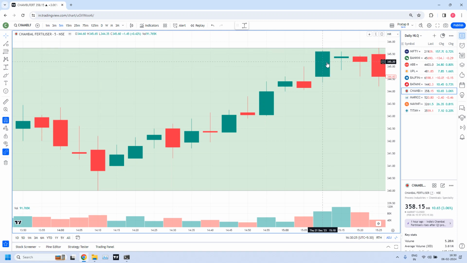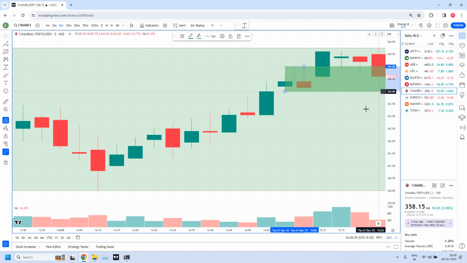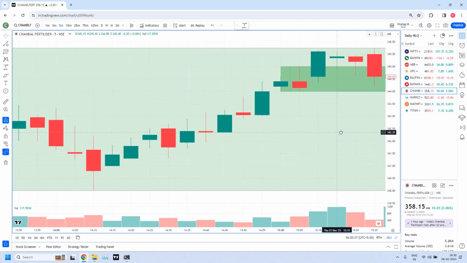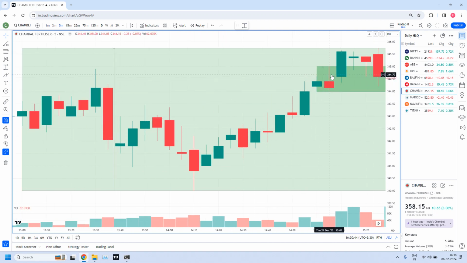Not a great leg out, but okay, we can consider it because there is a gap. If you add the hidden gap, maybe. But if that is the case, rally, base, rally, draw the 5-minute zone. This is already tested, and prices went deeper inside the zone. That means this area will be easily violated. So that's why you cannot consider this zone.